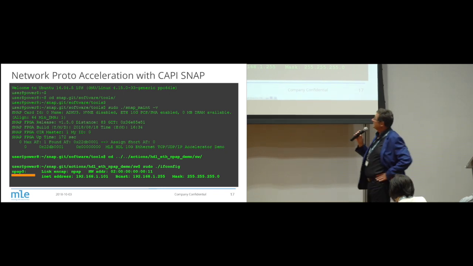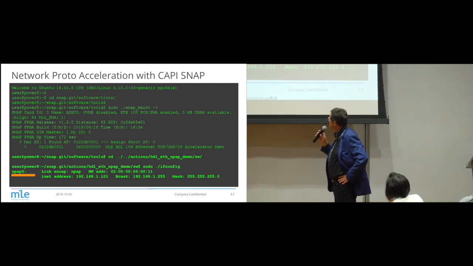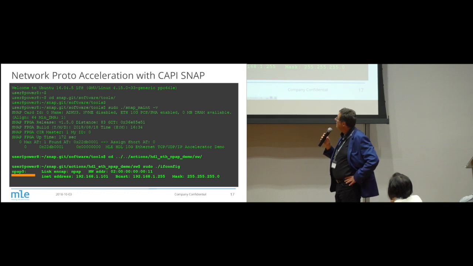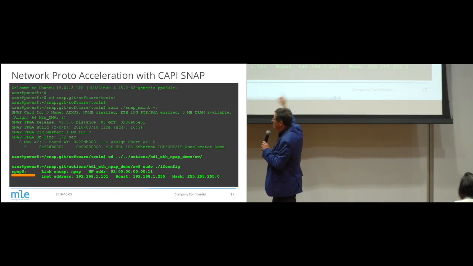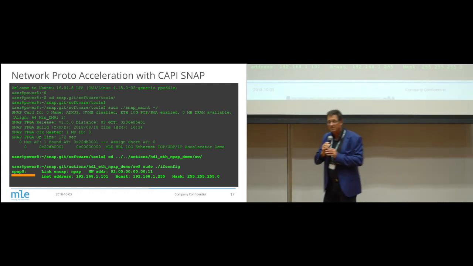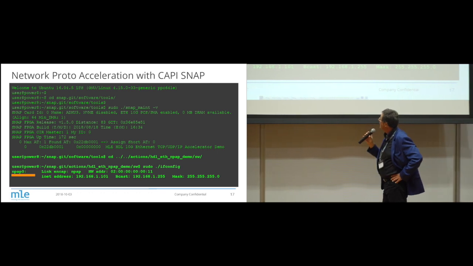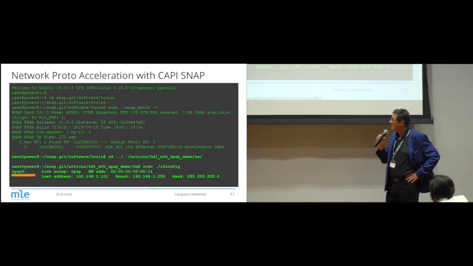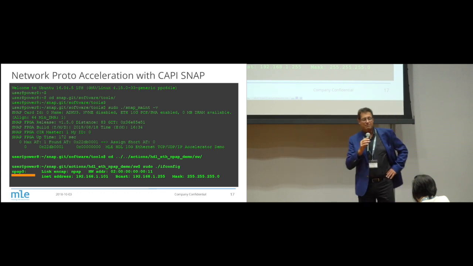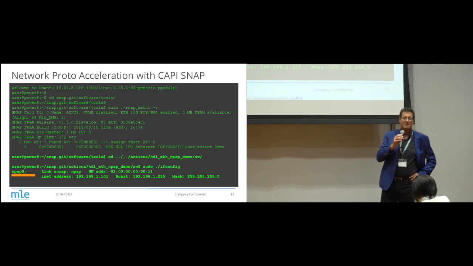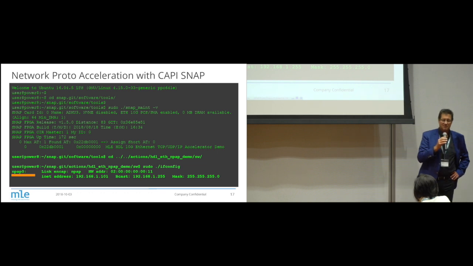Then, with the last click, you can start the SNAP action, and what you see here is you end up having another network interface device. Under Linux ifconfig, you see it as the network interface device. In this case, through the maintenance layer, we assign an IP address to it so you can ping and pong and drive it from any other 10 gig connected server.